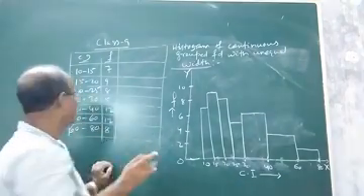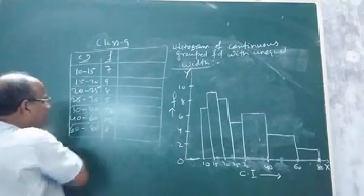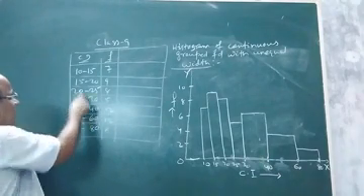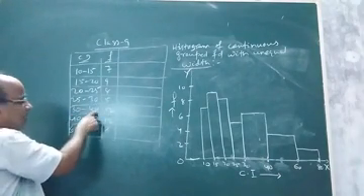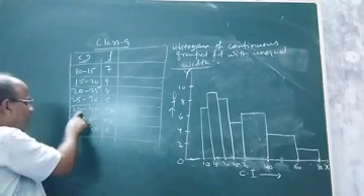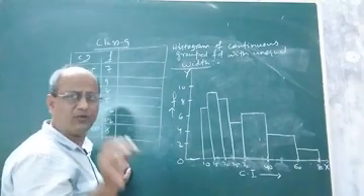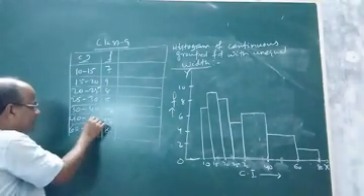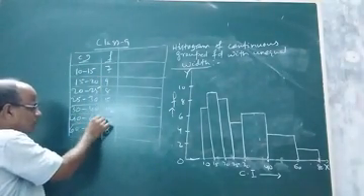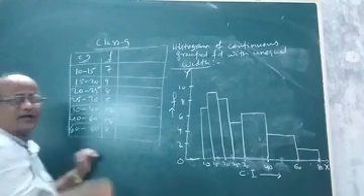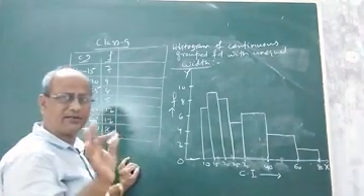But look at the fifth class interval, it is 30 to 40, upper limit 40, lower limit 30. So the size or width of this class interval will be 10. For 40 to 60, the class size or width will be 20. For 60 to 80, the size or width of the class is 20.